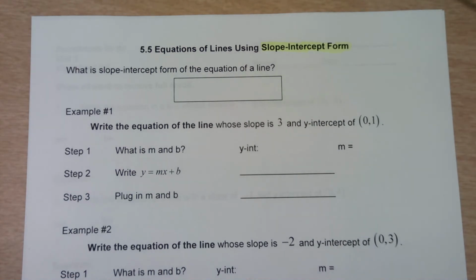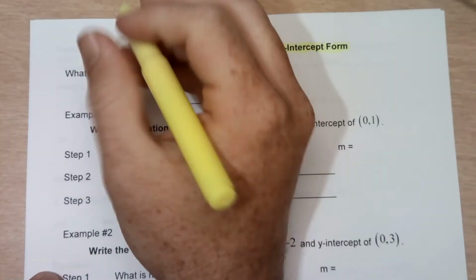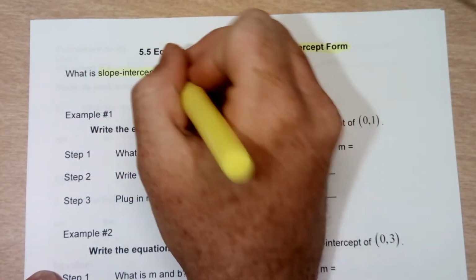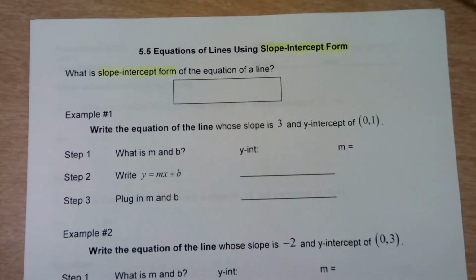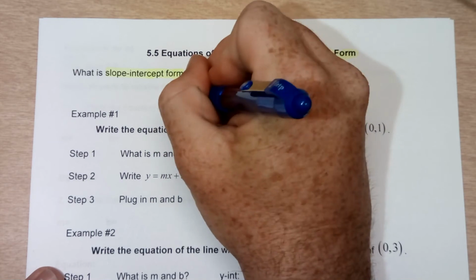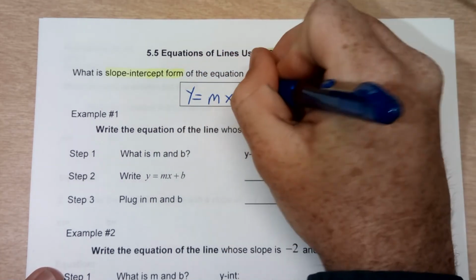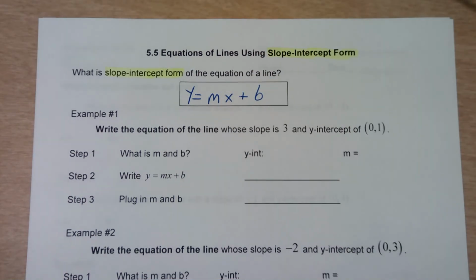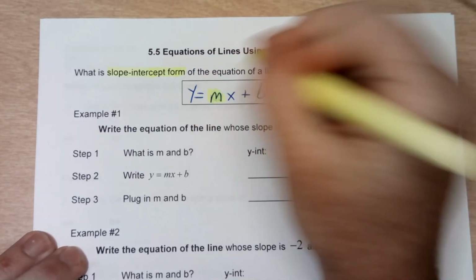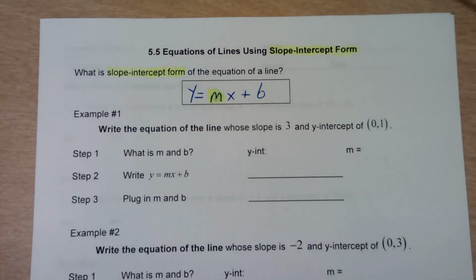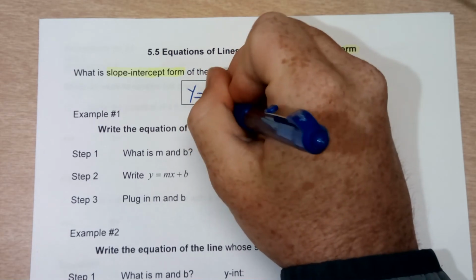So our first question here is, what is slope-intercept form? This is something we should all know. We should all know the equation of a line in slope-intercept form now. This should look familiar. Slope-intercept form is y equals mx plus b, where m is slope, so m equals slope.